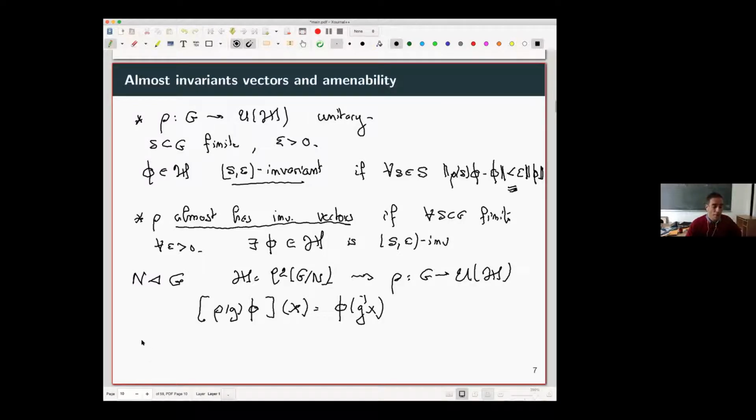And now the definition of amenability we will use here is that G mod N is amenable if rho almost has invariant vectors.